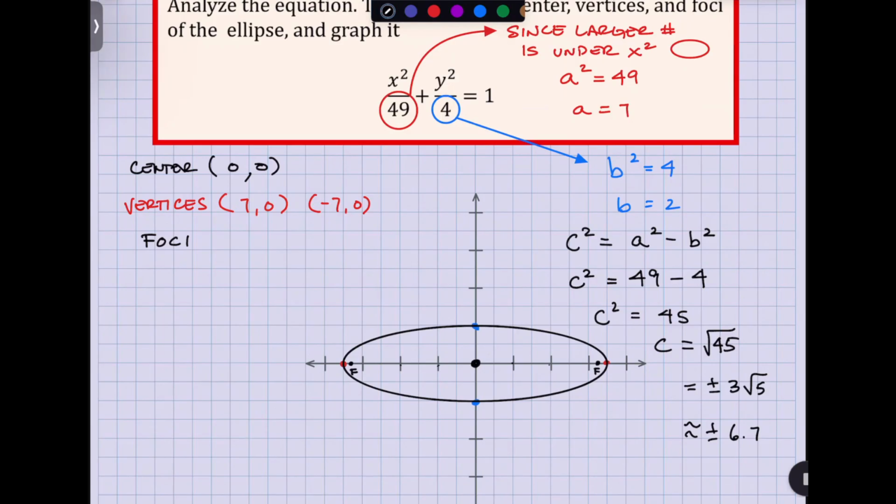Negative 6.7, 0, and then it's positive 6.7, 0. That's where the radical needs to come into play. Okay. That's why I get to the decimal only for my plotting, but the radical has to be part of the answer.